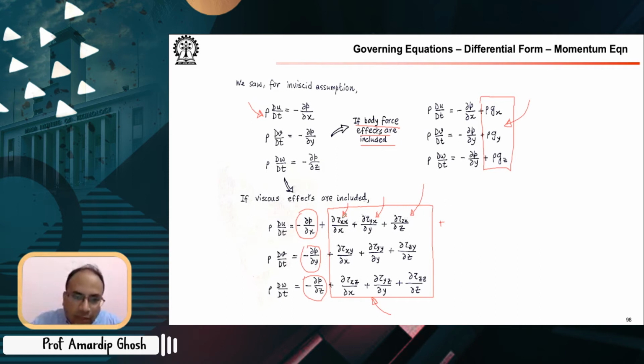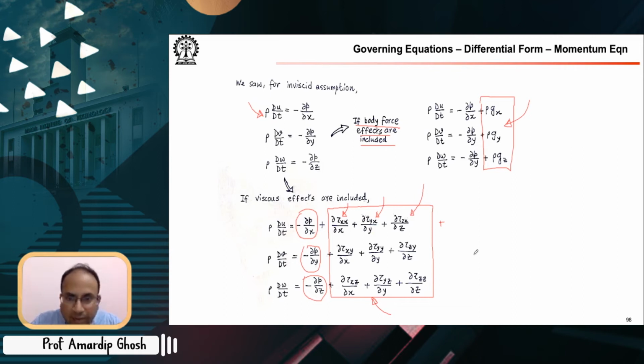And you see that we have tau xx, tau yx, tau zx, tau xy, tau yy, tau zy, tau xz, tau yz, tau zz.